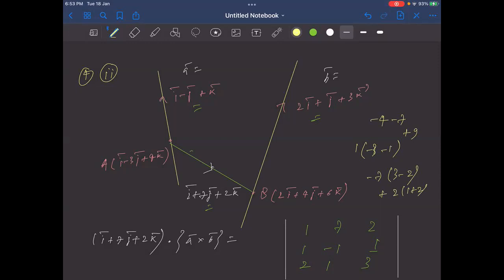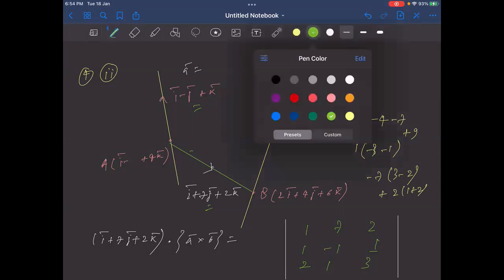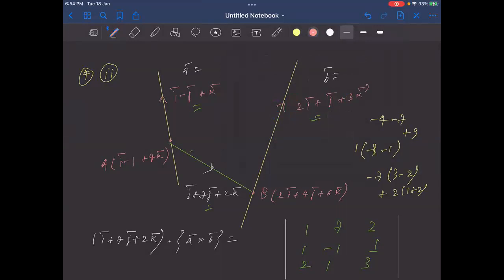The position vector of A in the question is given as i minus j plus 3k cap. Okay, so I made a mistake here. Correct, i minus j. One minute, I made a mistake in the STP. This vector will change. What exactly is this fixed vector now? It is i plus 5j plus 2k.